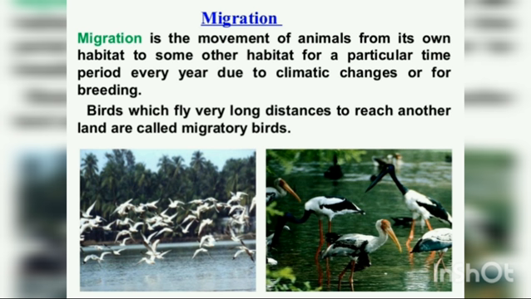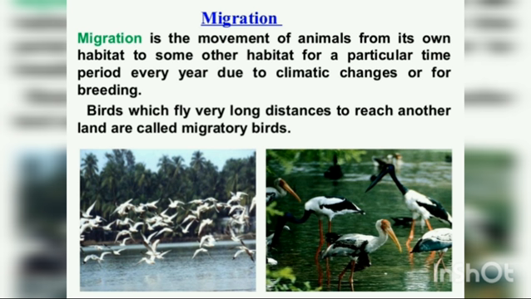So what do you mean by migration? Migration is the movement of animals from their own habitat to some other habitat for a particular time period every year due to climatic changes or for breeding. Birds which fly very long distances to reach another land are called migratory birds. So what do you mean by red data book? The red data book is the information on endangered species, the animals which have disappeared from the natural habitat.